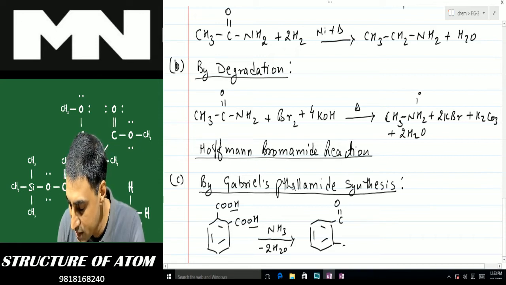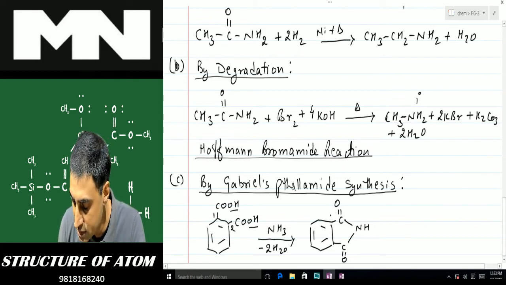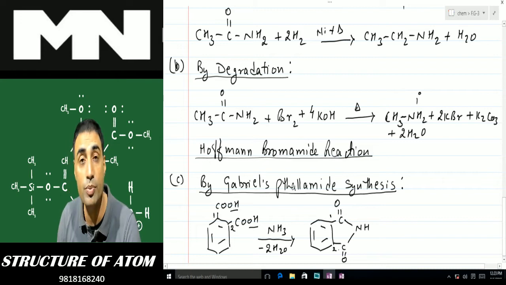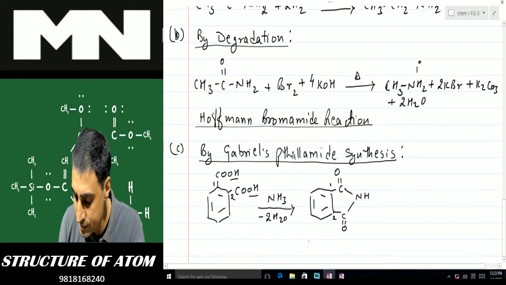I am writing it like this. This compound is not different, it is all the way the same. See this, if this is number 1 and this is number 2, then you can write it like this. Not a problem in writing it like this. This compound is phthalimide.